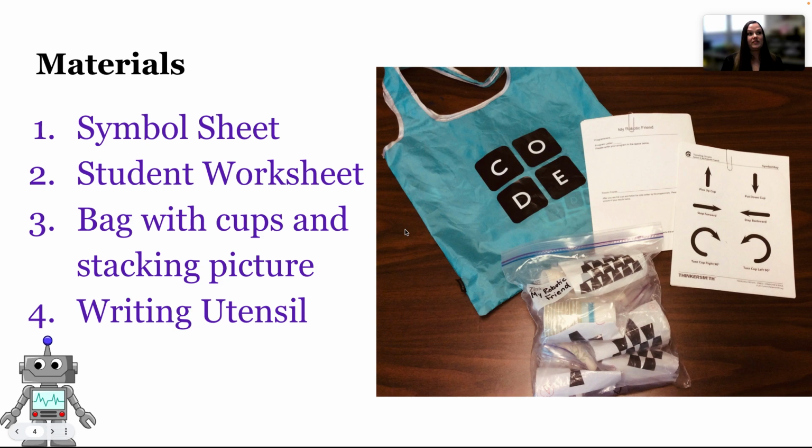A bag with cups and stacking picture, which is my organizational strategy on how I just like to keep my materials together. And that's the Ziploc bag at the bottom of the picture. I keep all my things in a very cute code.org bag that you would have to get on your own. And of course, you would need some writing utensils, pencils, and a highlighter.